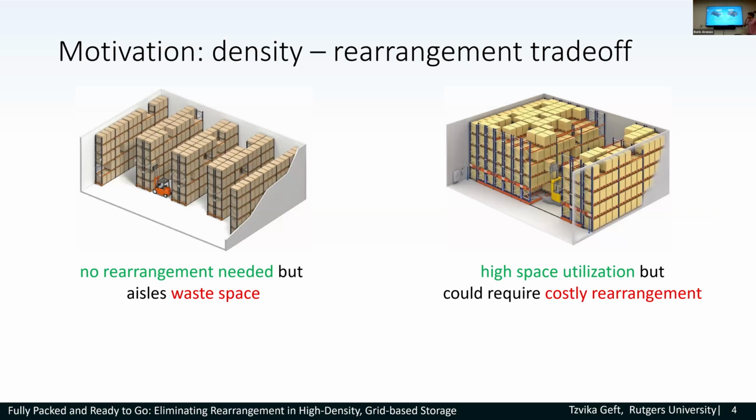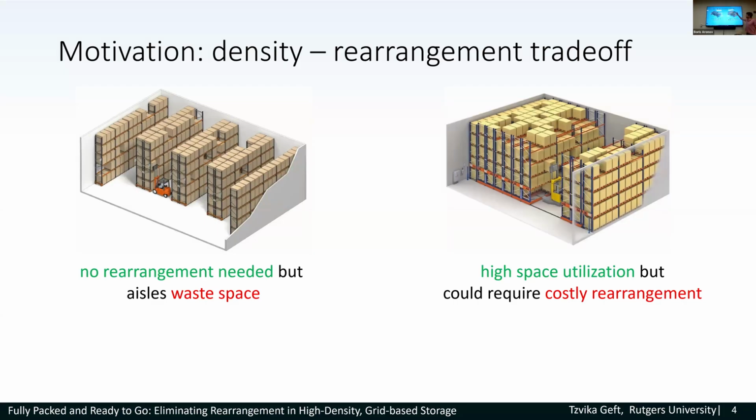So what is our main question here? There's an inherent trade-off between what we call rearrangement and the storage density. By rearrangement, I mean the relocation of loads within the storage area when you want to access something. On the one hand, you can create setups using aisles where if you want to get to something like in a supermarket, you can just grab it directly, but you're going to waste space doing that, at least a third of the space actually.